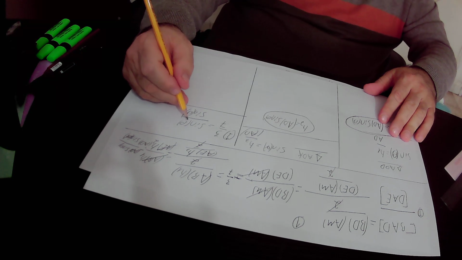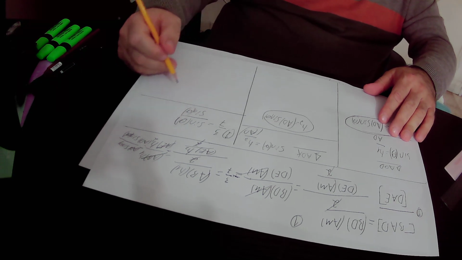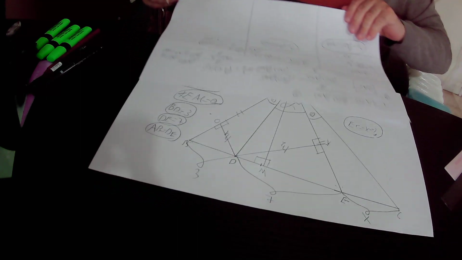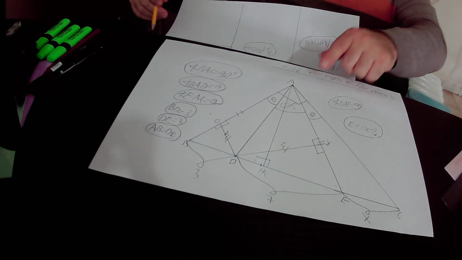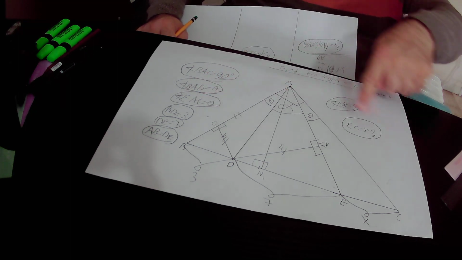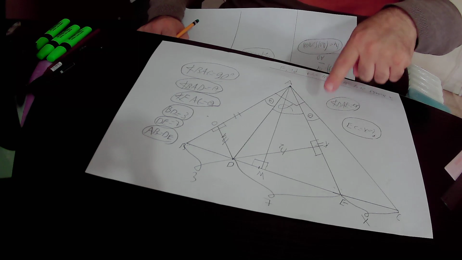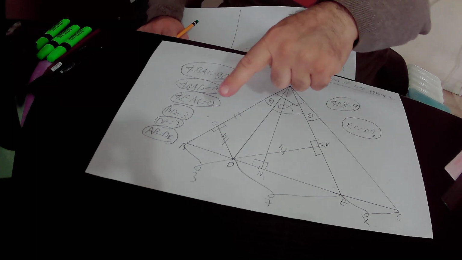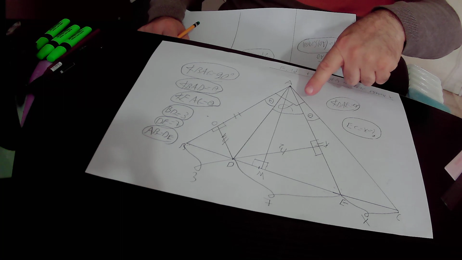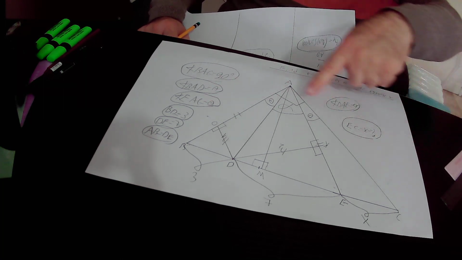But what is the value of alpha? You can see that angle BAC equals theta plus alpha plus theta. So angle BAC equals 2 theta plus alpha from one side, and from the other side, angle BAC equals 90 degrees.